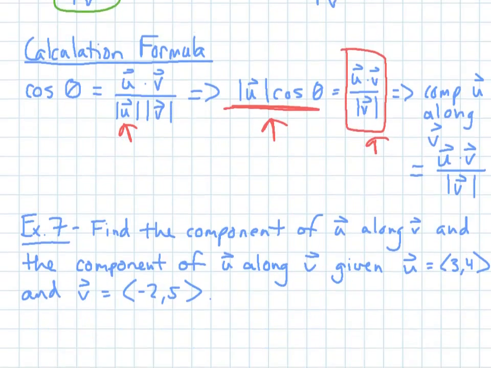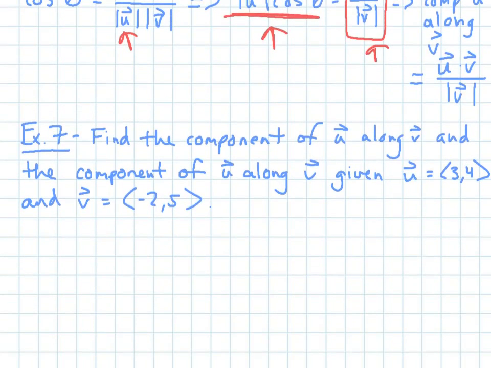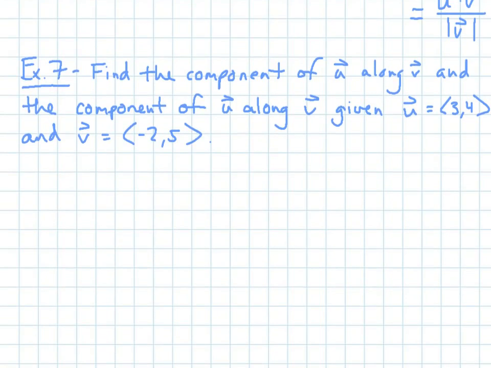Okay, so example 7 says find the component of u along vector v and the component of vector u along vector v given... sorry about that, this one is backwards because I want to do both ways. So let's rewrite that.